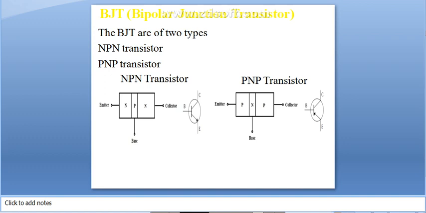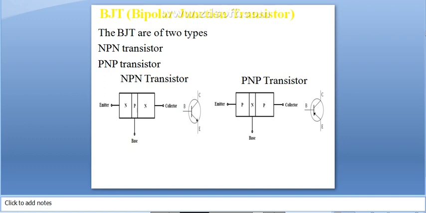See here in the construction: the middle region is the N region, a thin layer of N-type silicon sandwiched between two P-type layers. This is referred to as a PNP transistor.